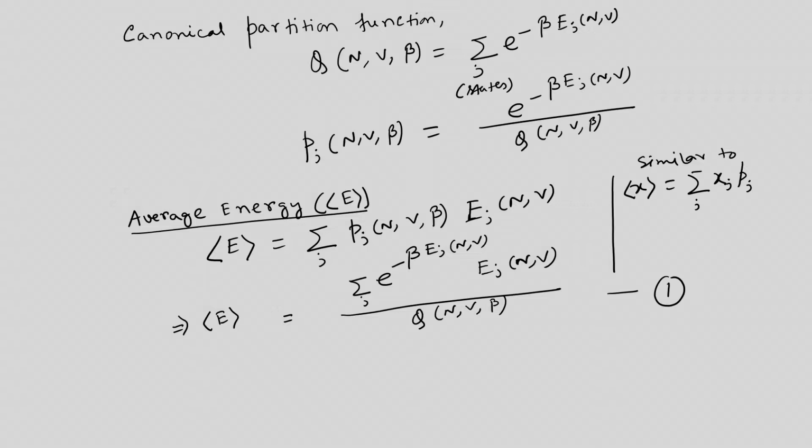So, it says that we need to take log of Q first, and then we need to differentiate with respect to beta. Then what we get is very similar to expression 1. Let us see.